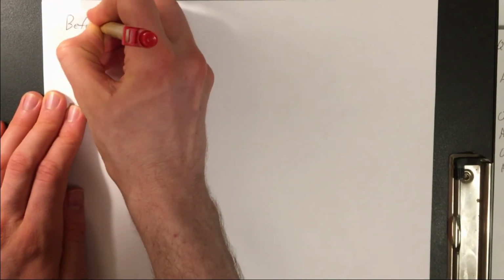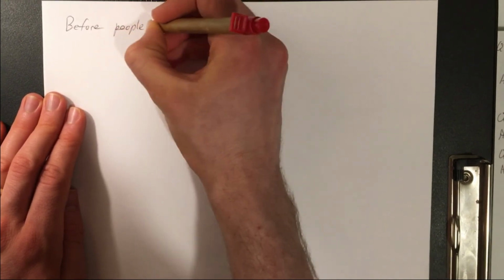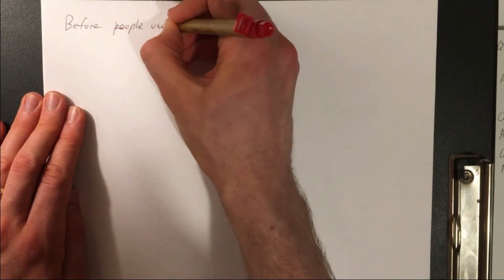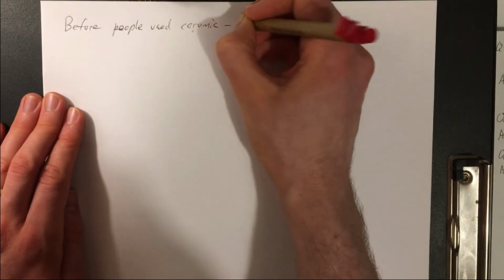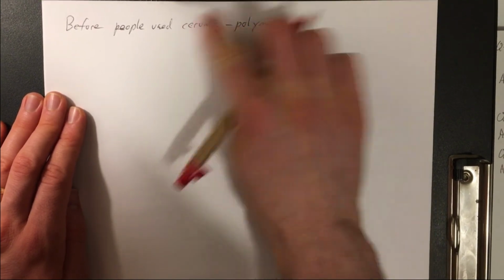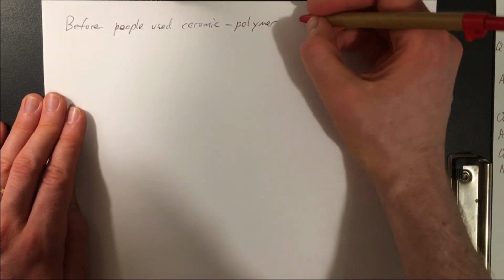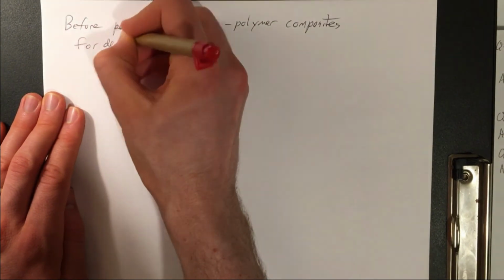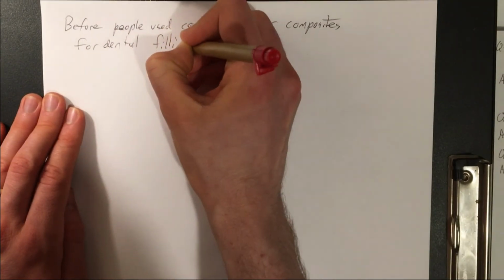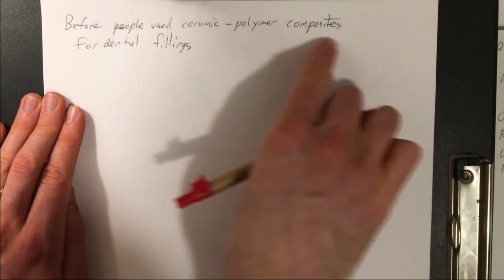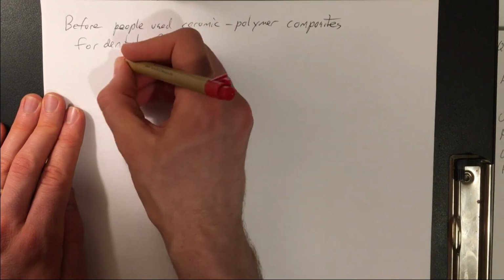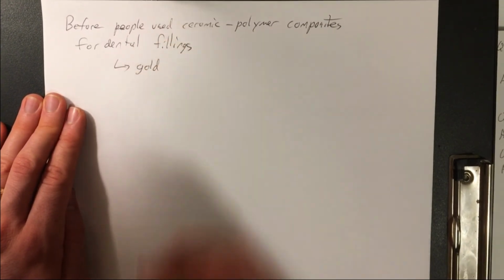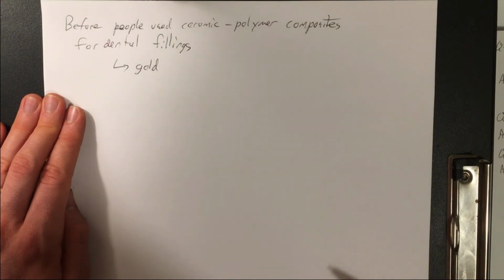So before people used ceramic polymer composites for dental fillings, people used gold, which was great for fillings but very expensive.